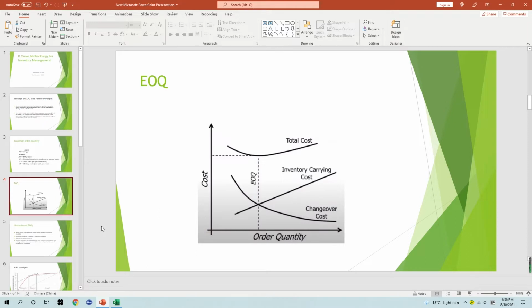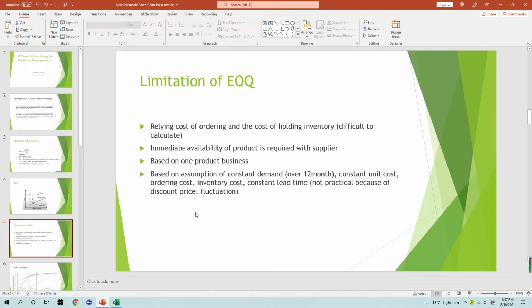However, despite EOQ being useful, there are limitations. For example, on the next page, it shows that EOQ relies on the cost of ordering and the cost of holding inventory being constant, which is very difficult to calculate, and immediate availability of product from the supplier, which is also very hard to achieve in real life.